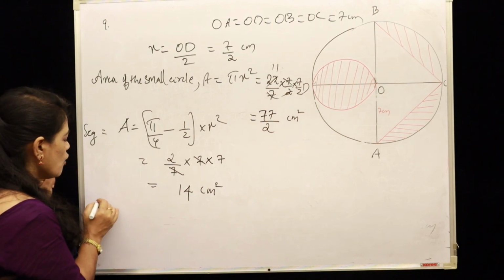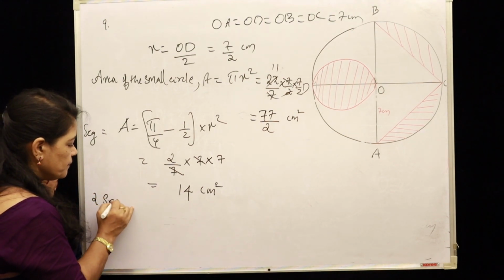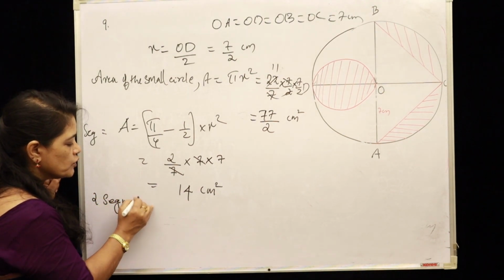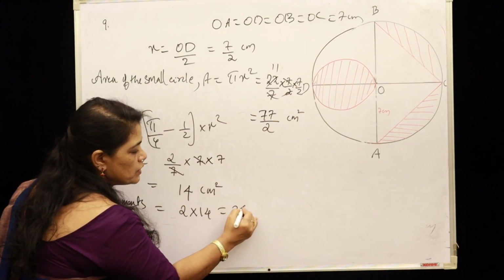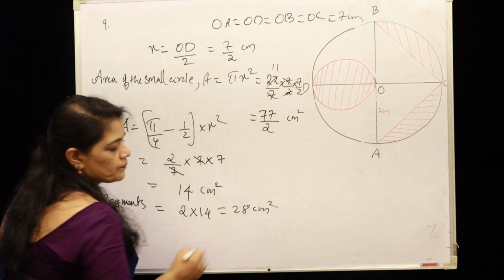That means area of two segments is equal to 2 into 14, that is 28 centimeters square.